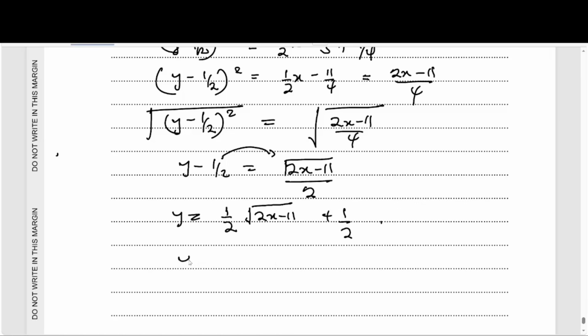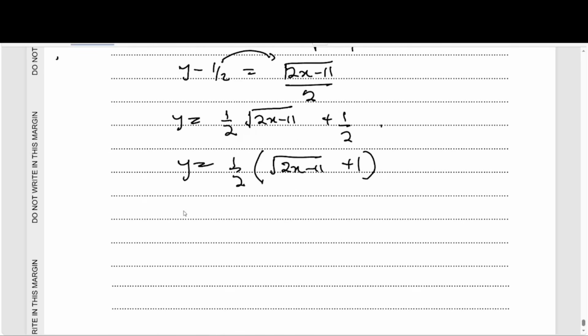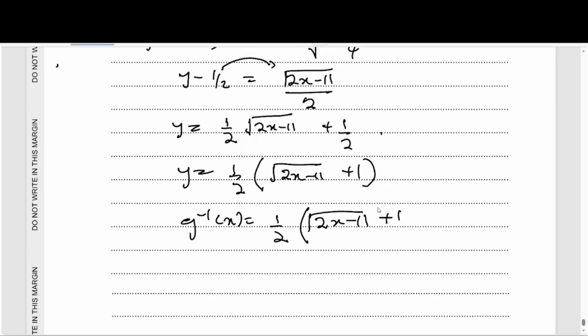So you can write y is equal to half, out, and then root of 2x minus 11 plus 1 over here. And finally, you replace y by g inverse of x is equal to half, any of the expressions written up there is accepted, plus 1, and that is g inverse, given that it existed and p is equal to 2.